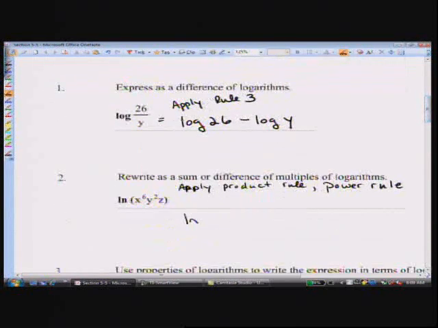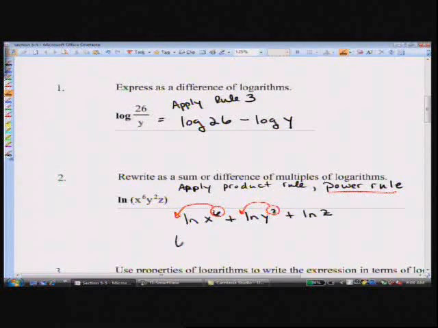So we can write this as ln x to the 6 plus ln y squared plus ln z, or natural log z. Now the power rule tells us that we can take this exponent right here and bring it out in front, and we can do the same on this one. That's the power rule. So we'll do that, and we'll get 6 ln x plus 2 ln y plus ln z. So that's your answer there.